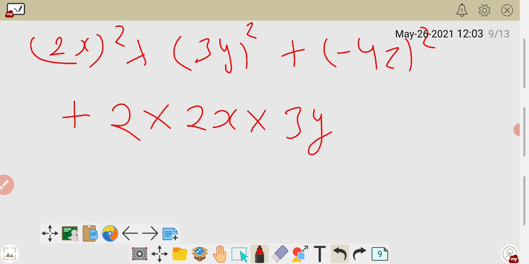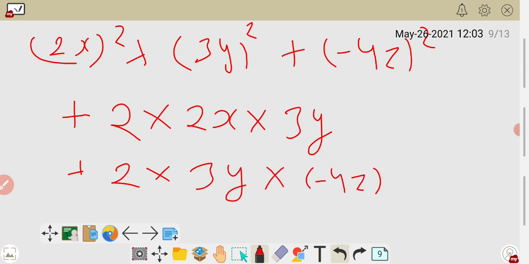Plus 2bc, b is 3y and c is minus 4z, put in a bracket. And plus 2ca, 2 into c is minus 4z, a minus term you always put in a bracket, and into a is 2x. Now simply do the calculation, you will get your answer.